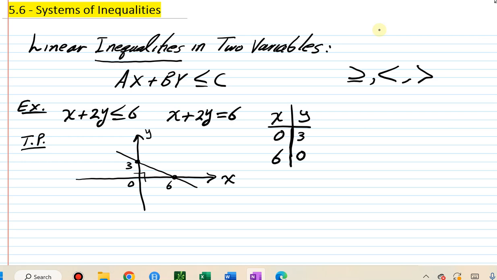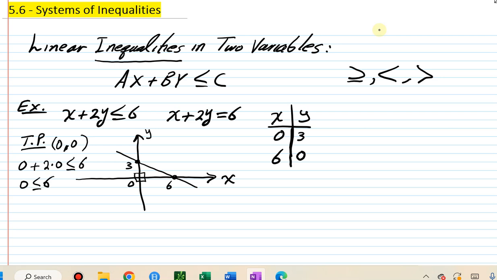The easy test point, unless the line goes through the origin, for me is (0, 0). So I'm going to pick test point (0, 0). Your test point is actually a proposed solution to the inequality. So we're going to plug in for x into the inequality now: 0 plus 2 times 0 less than or equal to 6, which means 0 is less than or equal to 6.